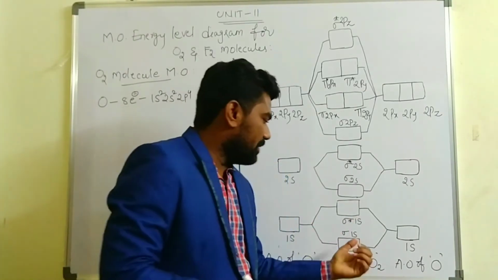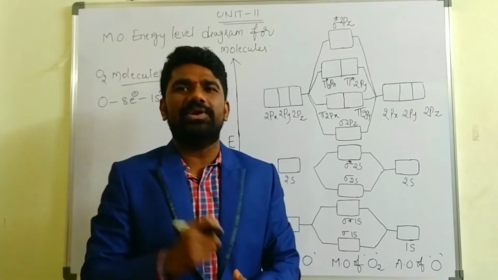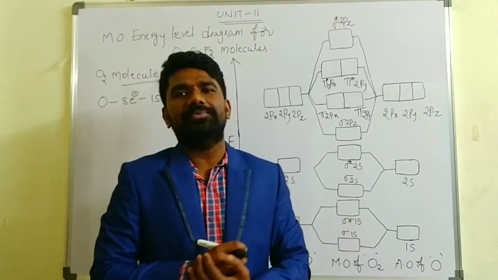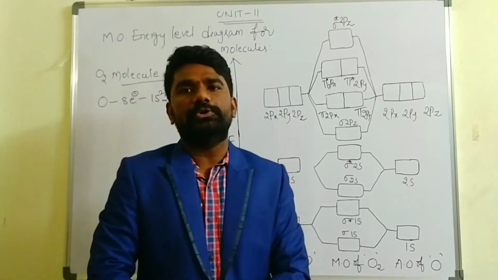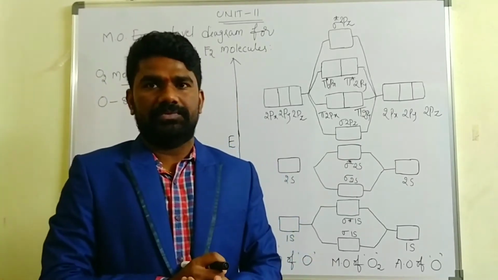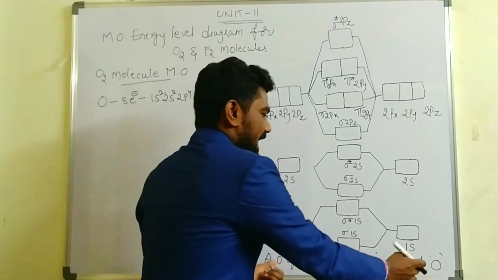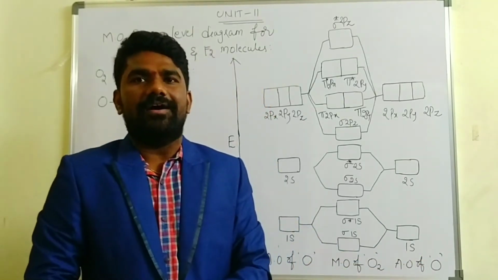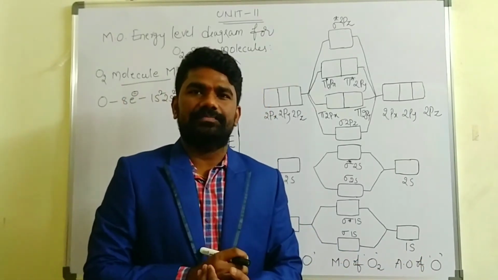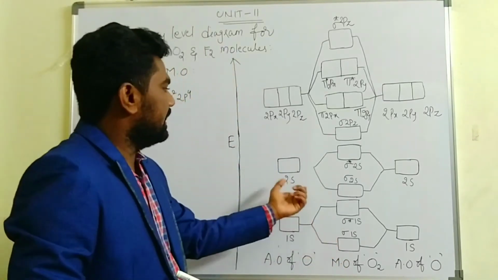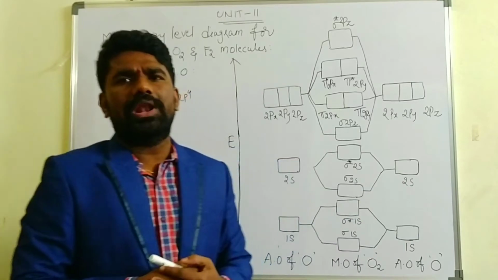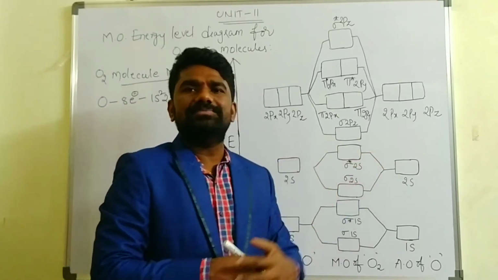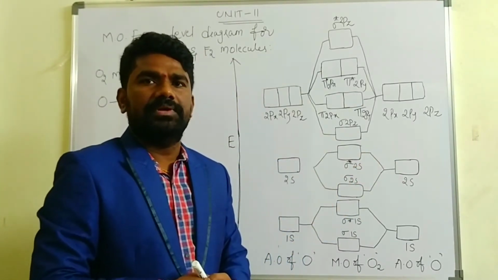That means the bonding molecular orbital sigma 1s and the anti-bonding molecular orbital sigma star 1s of the O2 molecule form due to the overlapping of the atomic orbitals of the oxygen atoms. In the same way, the 2s orbitals also overlap and form sigma 2s and sigma star 2s, isn't it?